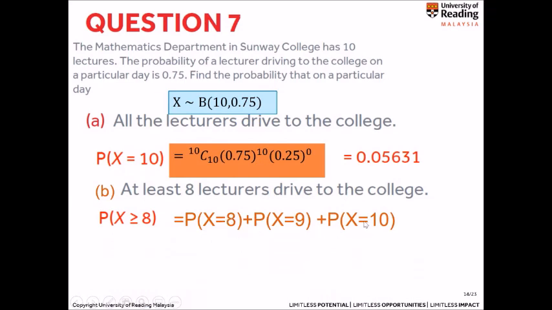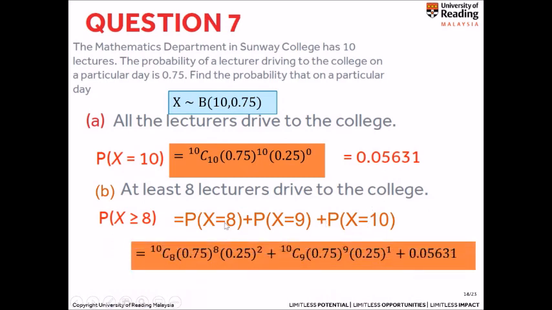So for x equal to 10, we already have the answer from part A. So we shall sub x equal to 8, then r equal to 8 into the formula. So you can get 10C8, 0.75 to the power 8, 0.25 to the power 10 minus 8, you get 2.